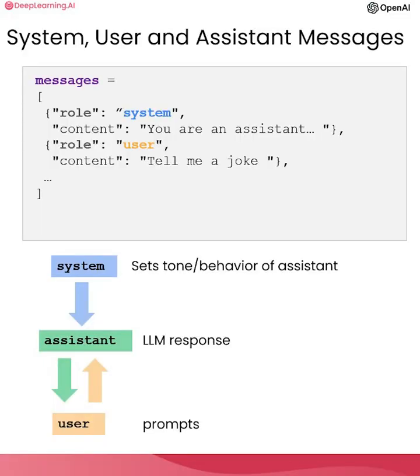Here's an illustration of how it all works. So this is how the chat format works. The system message sets the overall tone of behavior of the large language model or the assistant. And then when you give it a user message, such as tell me a joke or write me a poem, it will then output an appropriate response following what you asked for in the user message and consistent with the overall behavior set in the system message.